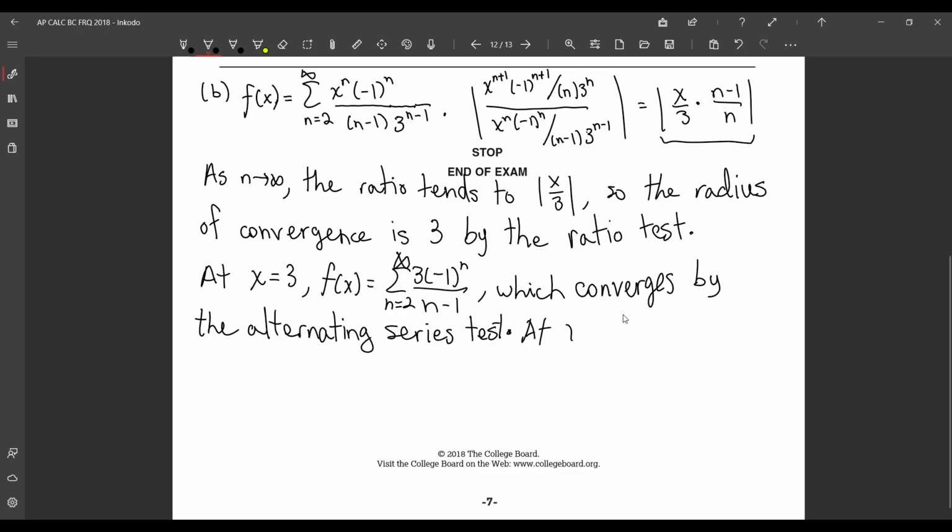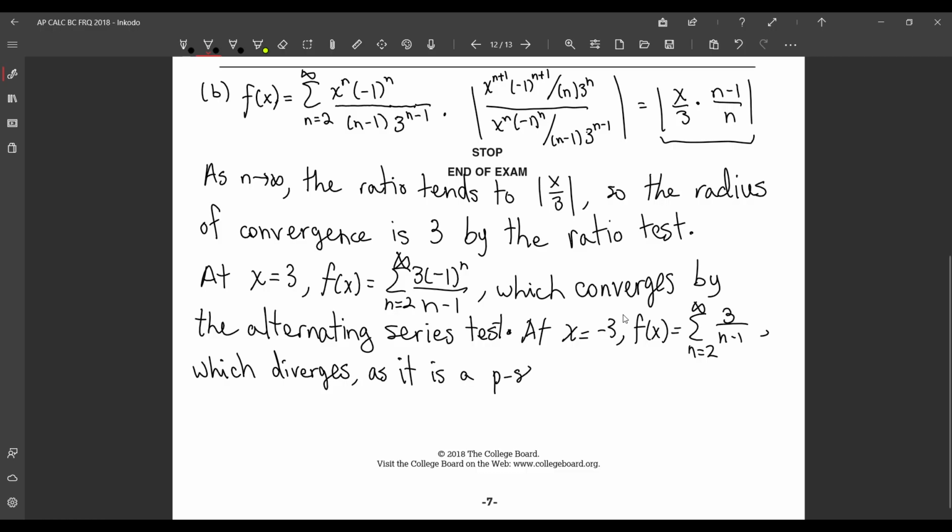At x equals -3, f of x is the sum from n equals 2 to infinity of 3 over n minus 1, which diverges as it is a p-series with p equal to 1, right?